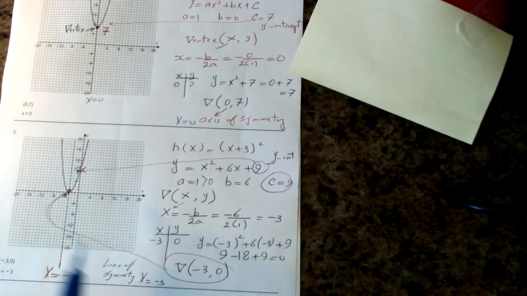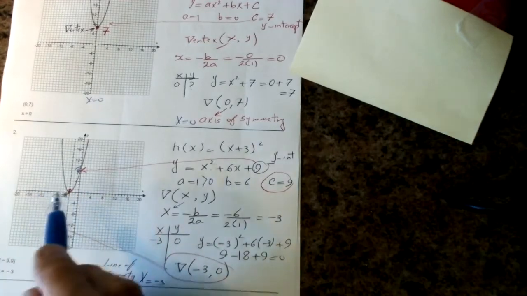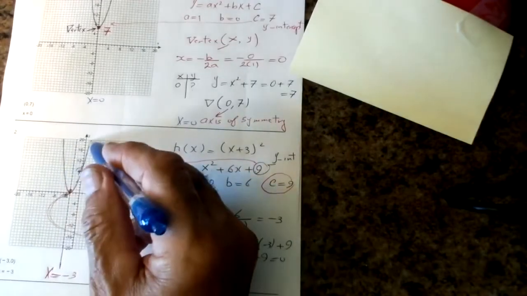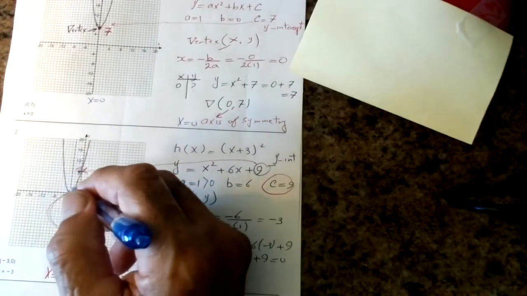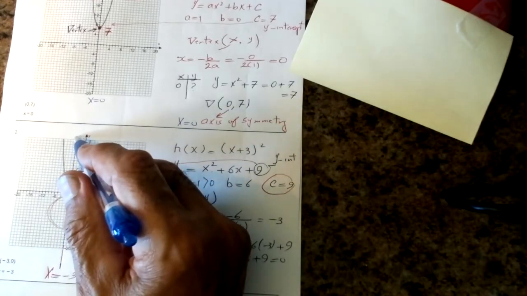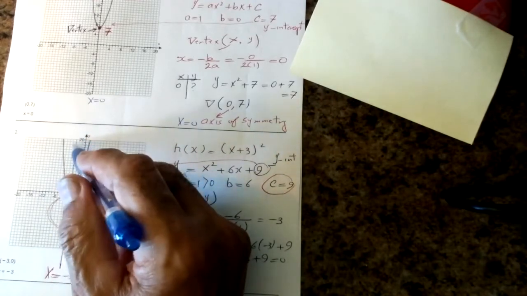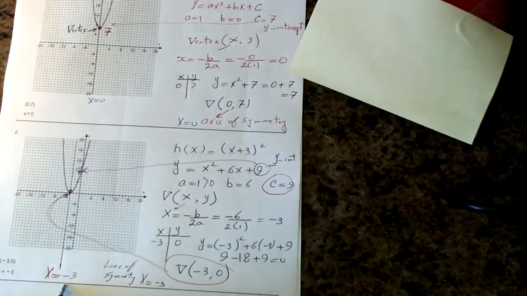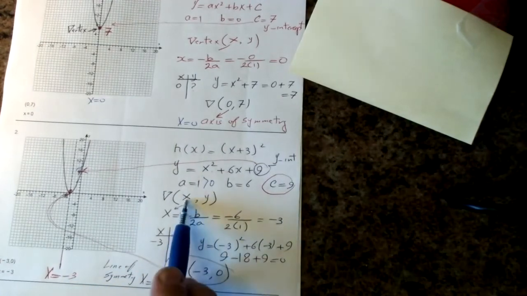So you find this point here, and you know that it goes through the intercept. So you graph this, and then the other piece is a reflection of this piece with respect to this line. Line of symmetry is x equals -3. Remember, line of symmetry is this x.